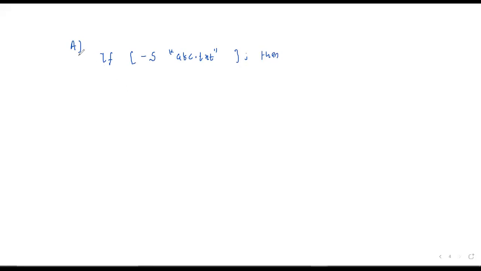For A, we want to display the content, so we use the cat command, cat abc.txt. That means it will show whatever is written in this text file. It will display the content of this file.